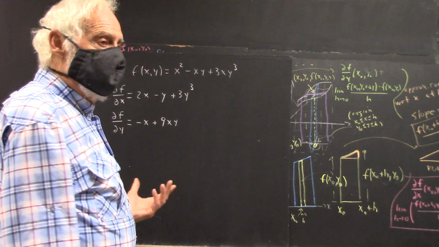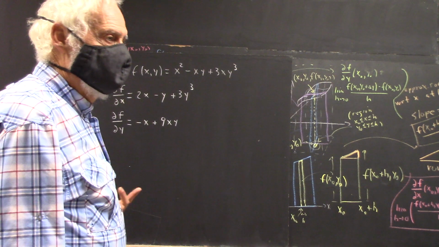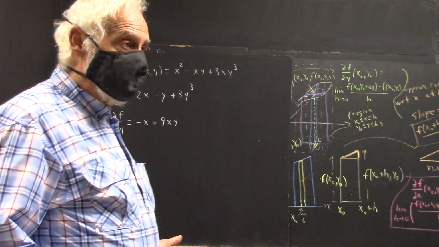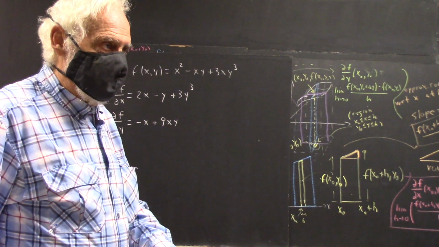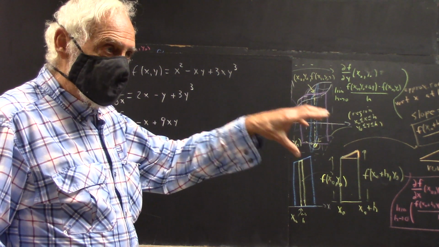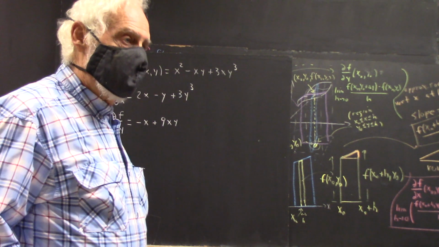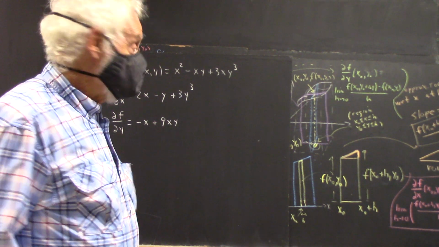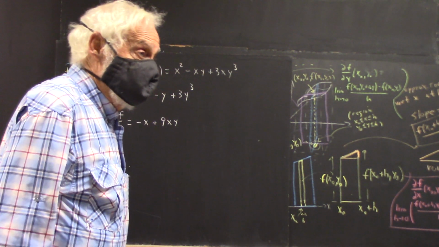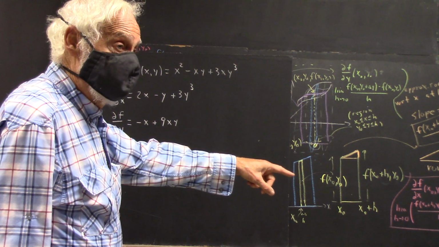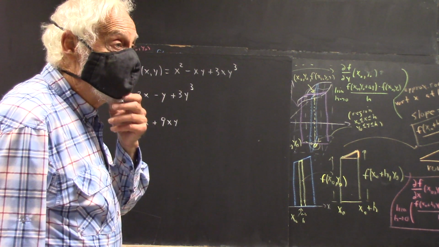Just totally straightforward. Each partial derivative is just a plain, simple derivative. You just got to remember to treat the other variable as constant. And it takes about 2 problems to get used to that, because that's just mechanical. Unless I ask you to do it by the limit definition.